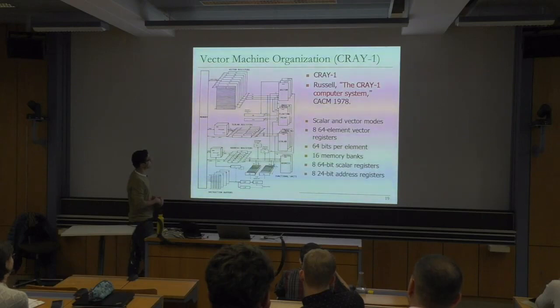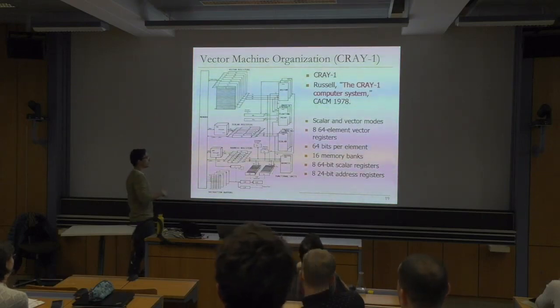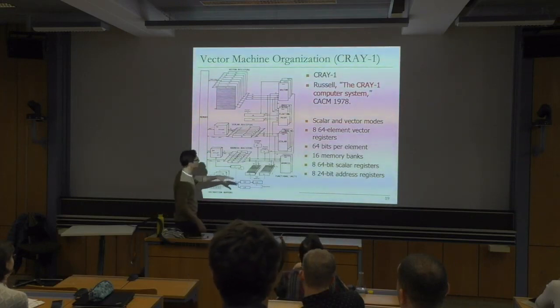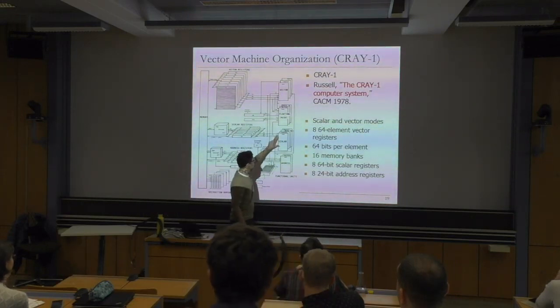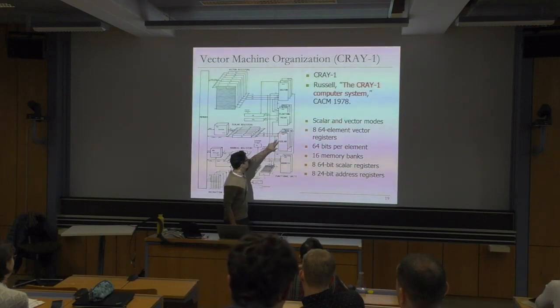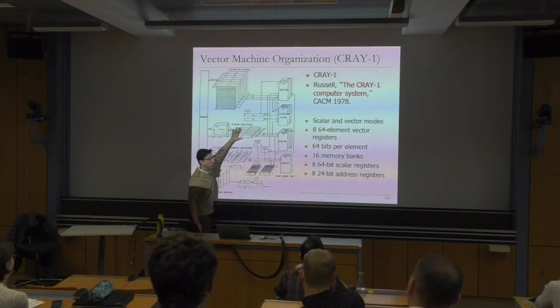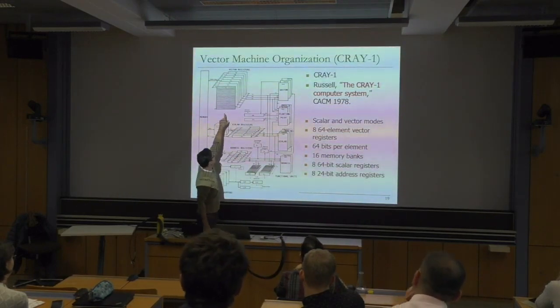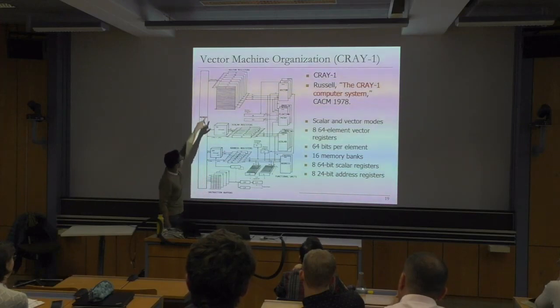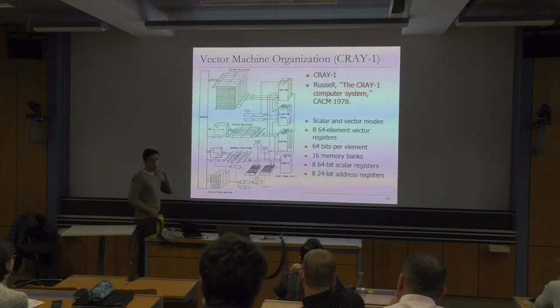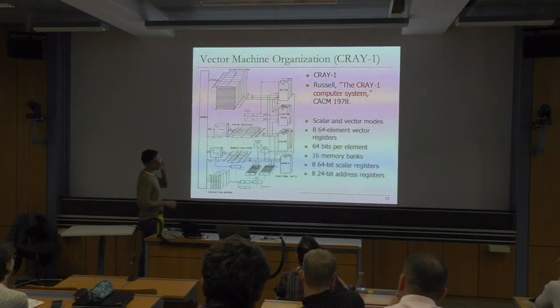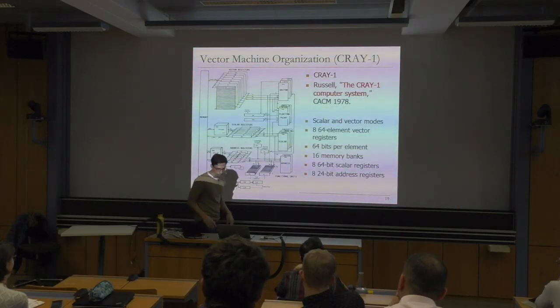As you can see here, we have vector units, but also scalar units. For example, here you can see scalar compute units, floating point units, vector units, and here we have scalar registers and here we have vector registers. You can see up to 8 vector registers. So this is our very first example of a real world vector machine.